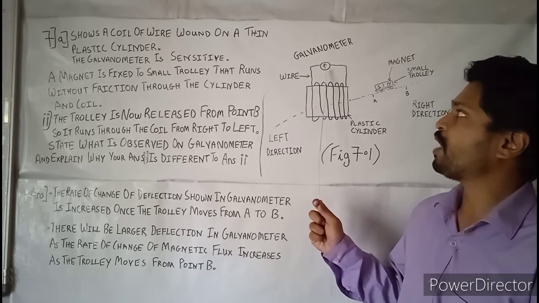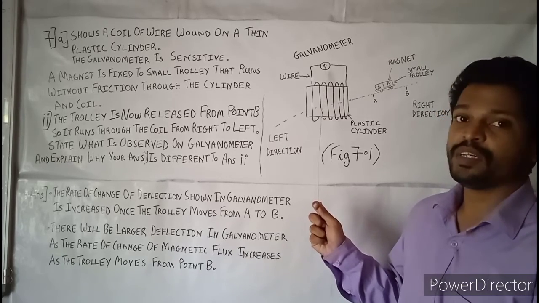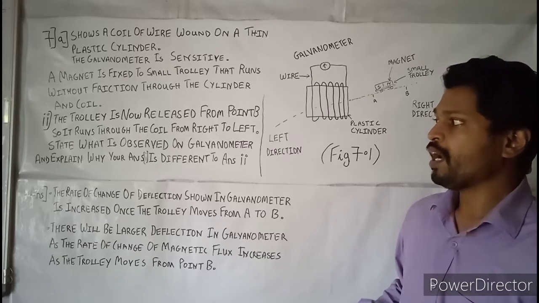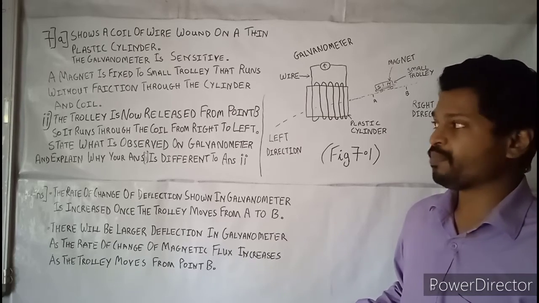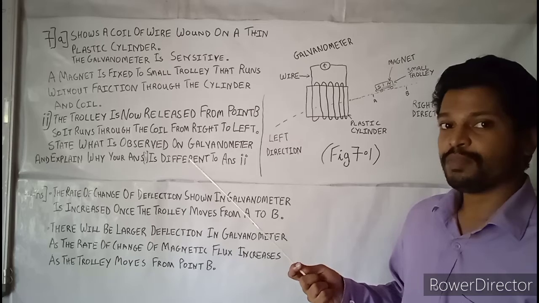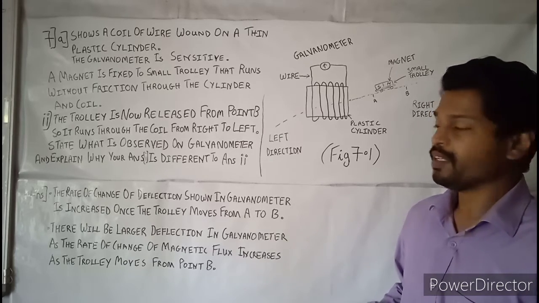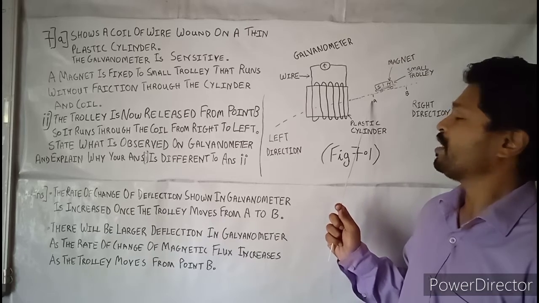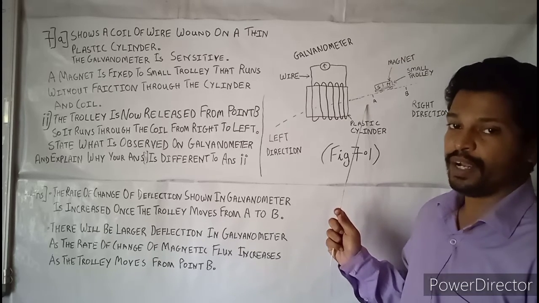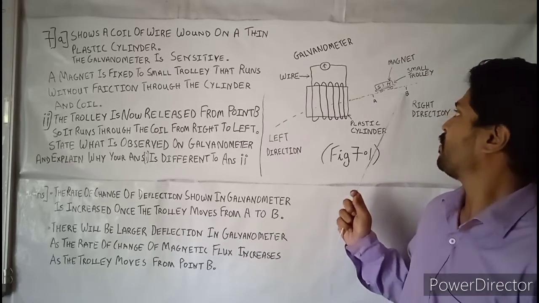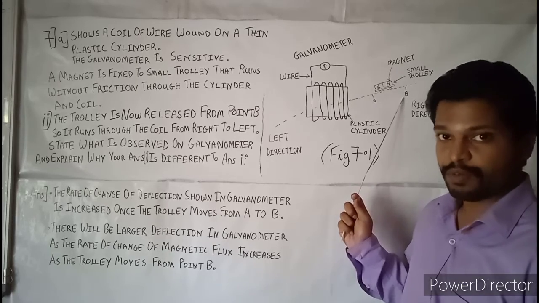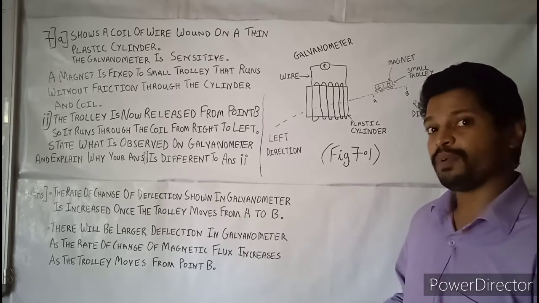We have to explain what is seen in the galvanometer and why it is different from the first part. Earlier when we released the trolley from that point, why is the answer different, and when we release it now from this point, why will the answer be different?